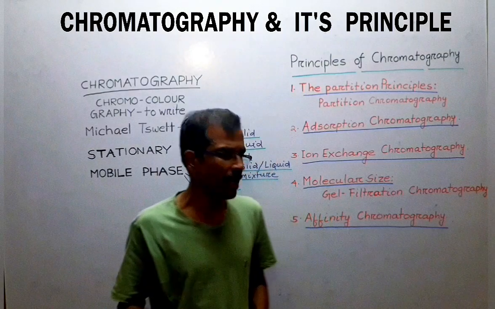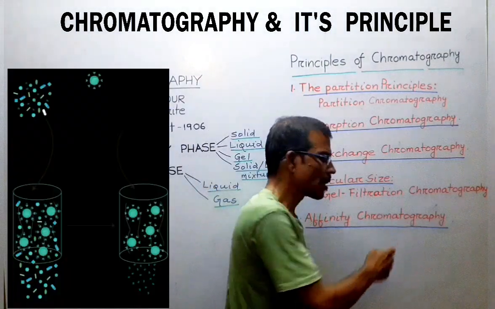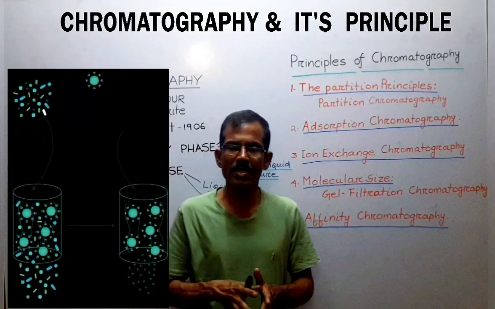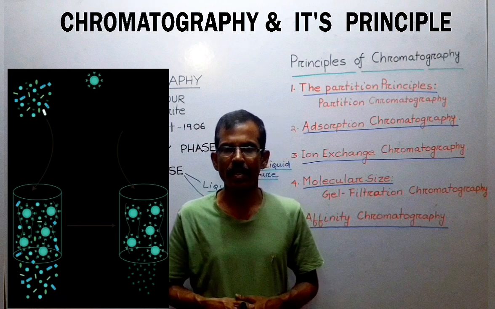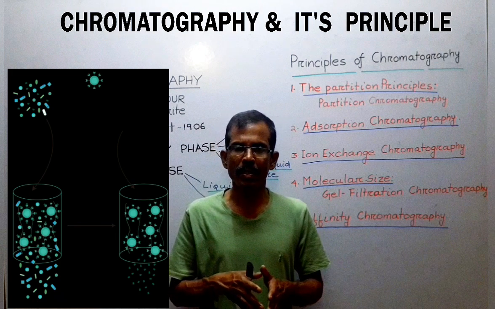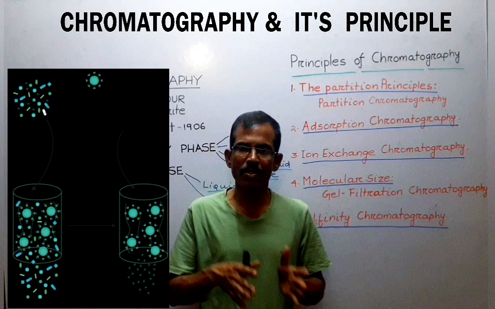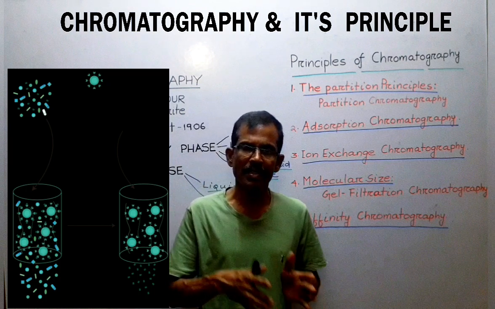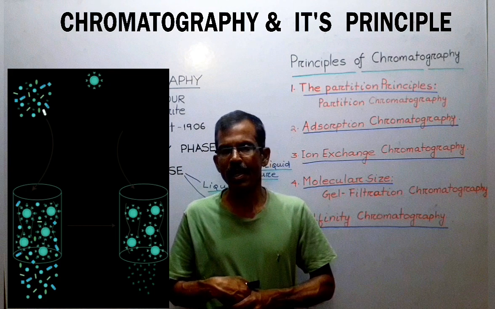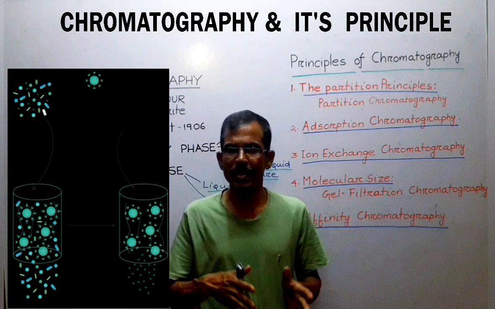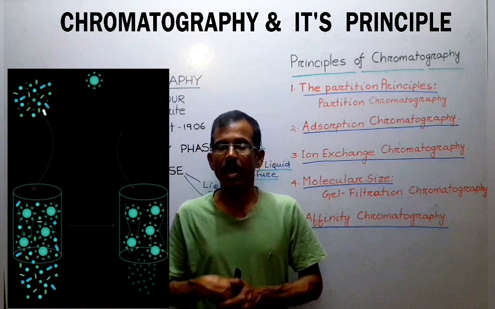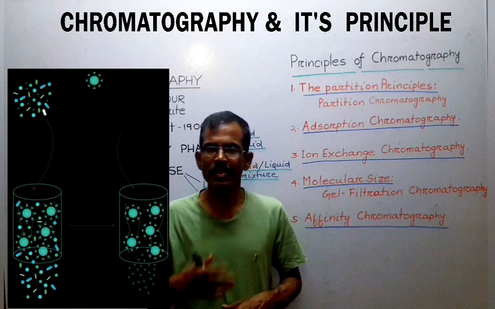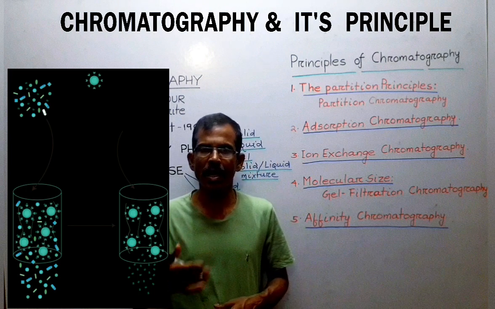The last one is affinity chromatography, which is based on the specificity that exists between an enzyme and its substrate, between an antibody and its antigen, similarly between a receptor and agonist, and also between an enzyme and a substrate analog.